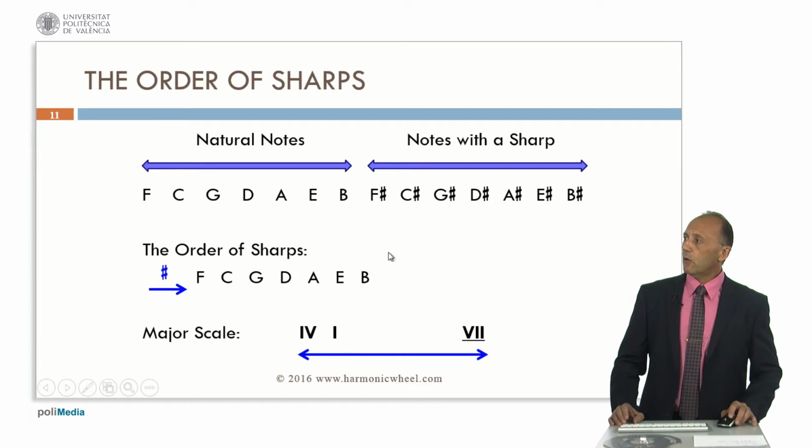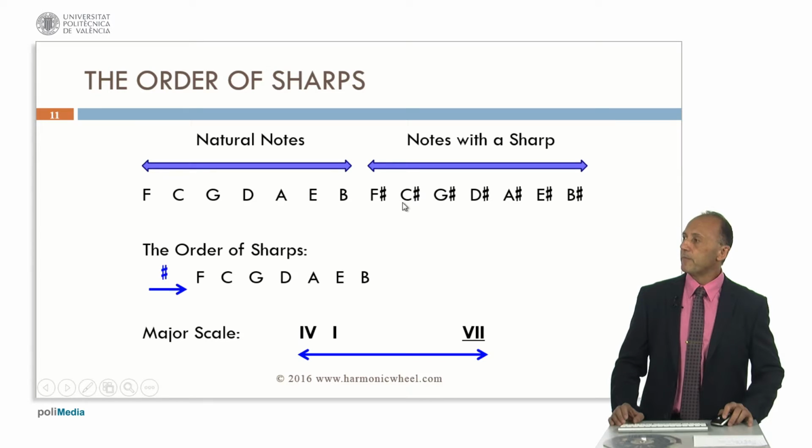This way, the order of appearance of sharps is exactly the same as the order of the notes in the C major scale when we sort them by perfect fifths. That is, F, C, G, D, A, E, B. So if we have a key with 2 sharps, that is until C sharp, it means that this note is the leading tone.